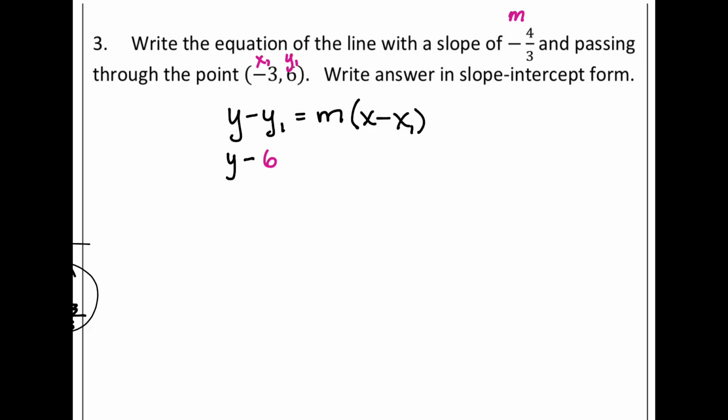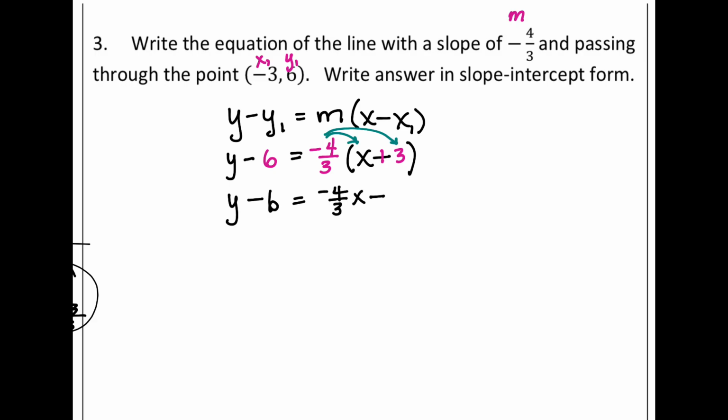Okay, so y minus 6 is equal to -4/3 times x minus -3. We're going to distribute, and I don't know if you noticed, but yeah, your fraction cancels out. You don't have to worry about it, right? So y minus 6 is equal to negative 4/3 times x.